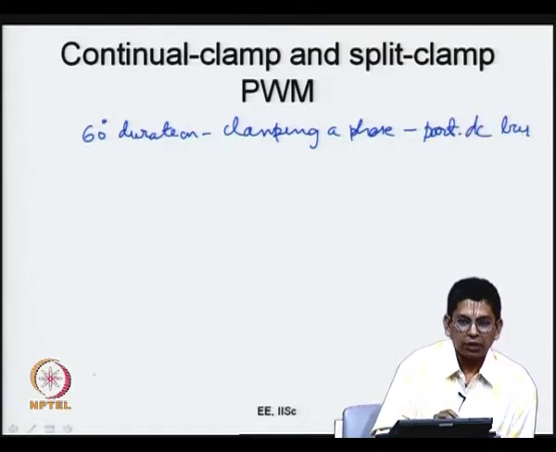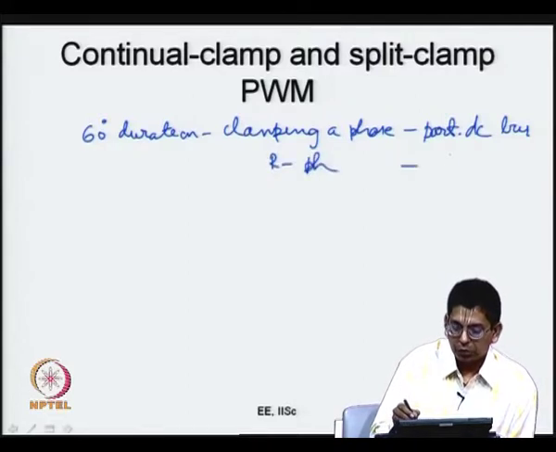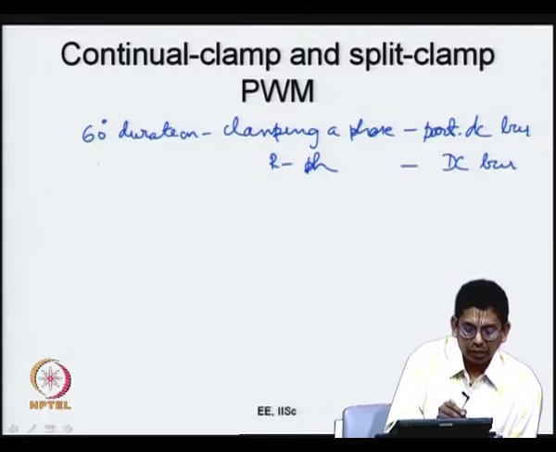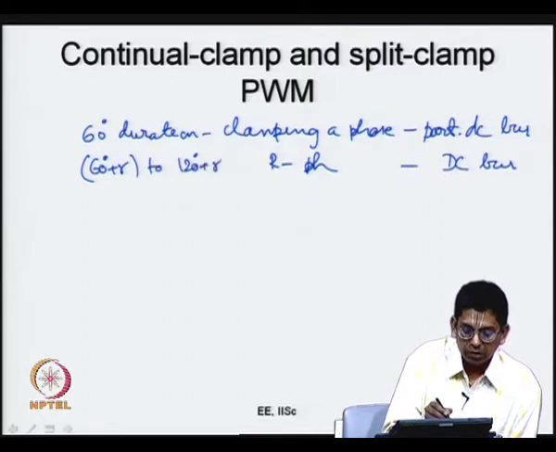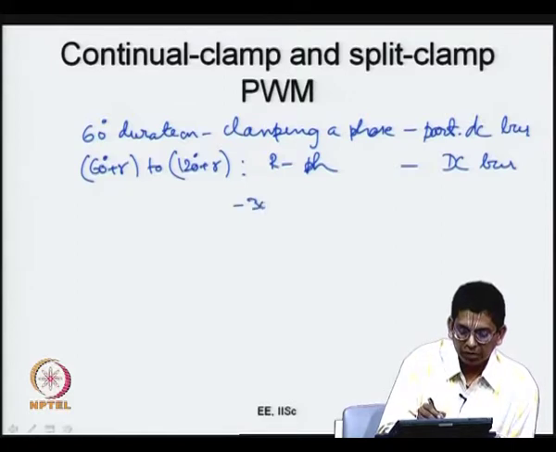Now, for example, R phase maybe to DC bus. The duration can be some 60 plus gamma to 120 plus gamma. This is the duration, and gamma can be anywhere between minus 30 degree to plus 30 degree, minus 30 degree less than gamma less than plus 30 degree.